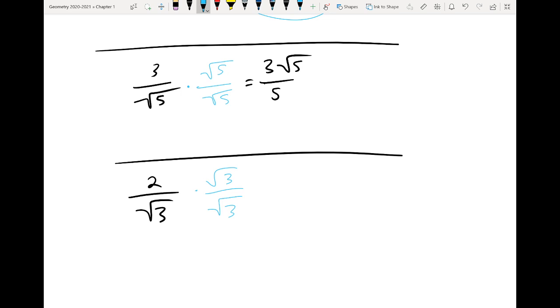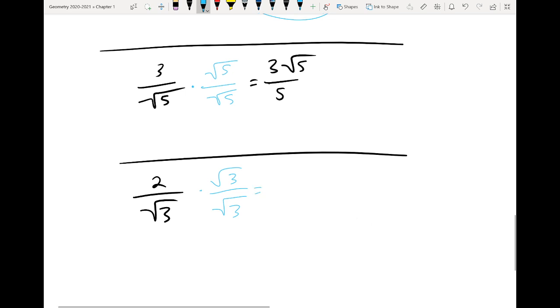So we're not, again, just making anything up. And then we're going to multiply here. 2 times rad 3 is 2 rad 3. And rad 3 times rad 3 is 3, right? Square root of 9 is 3.